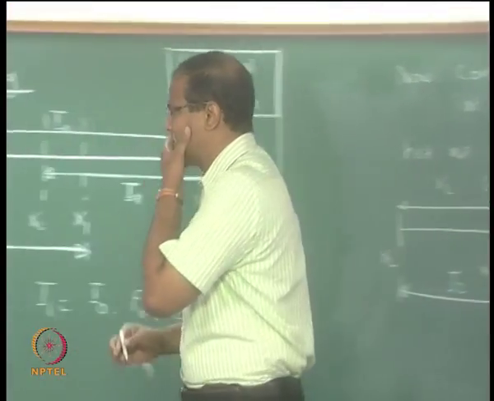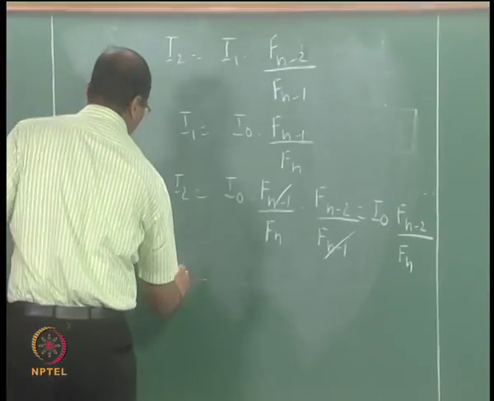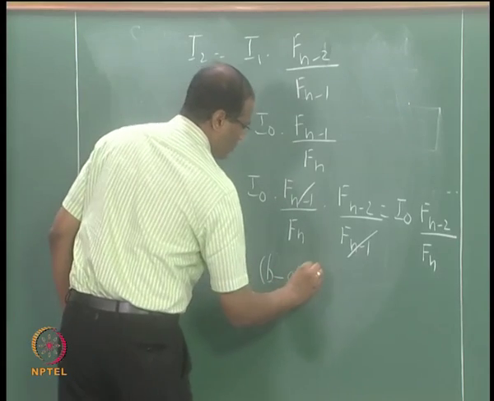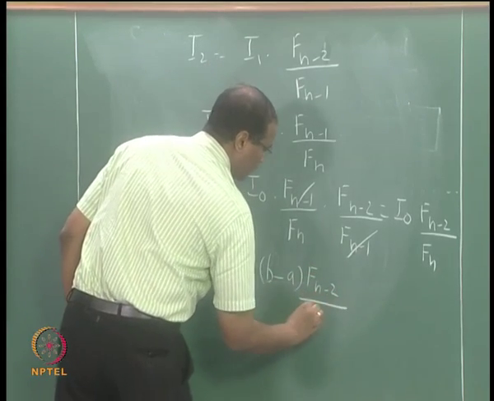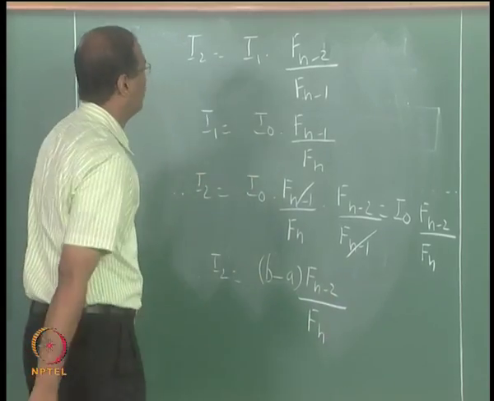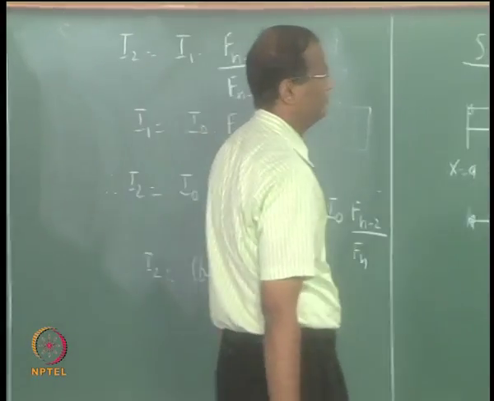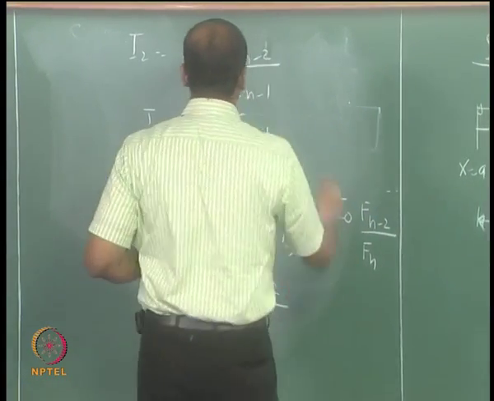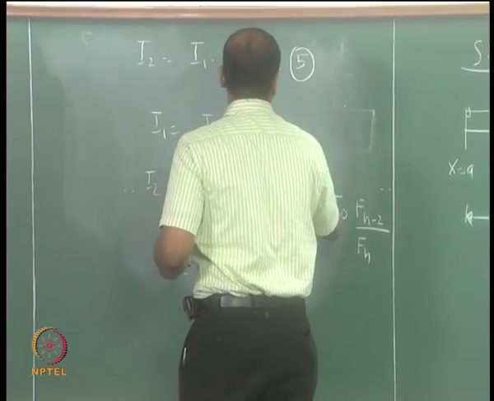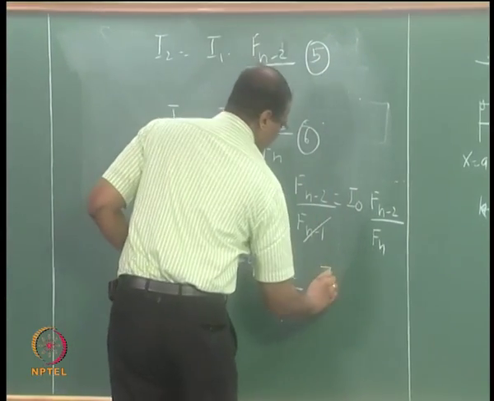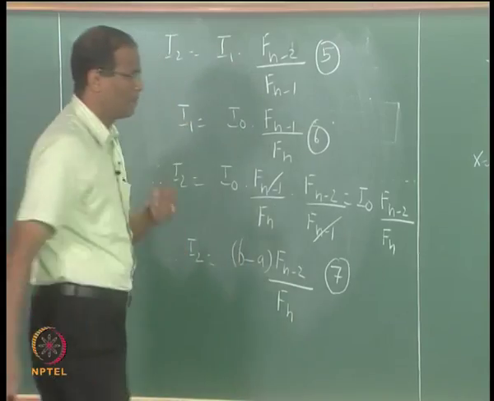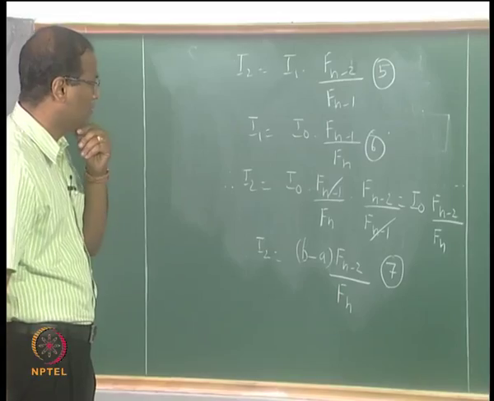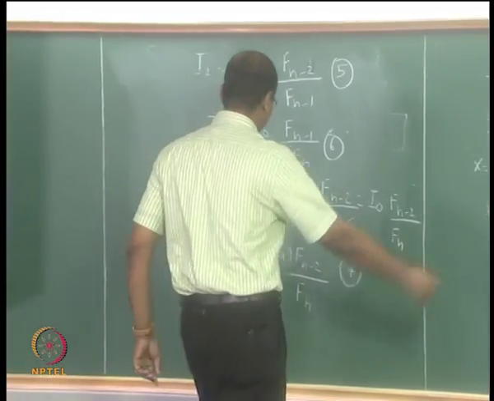All right. Now, so I2... so what is the equation number we stopped with? 4. So we will make it 5, 6, 7. So the time has come to erase this portion of the board, I think.